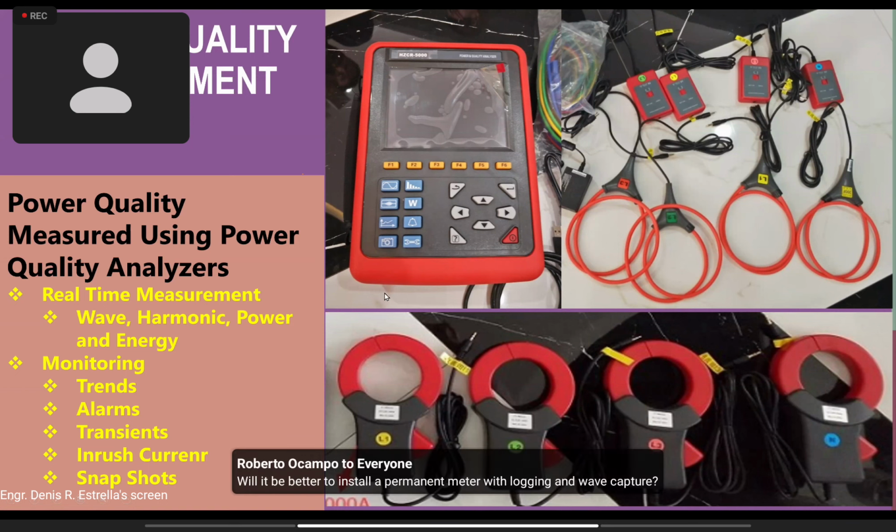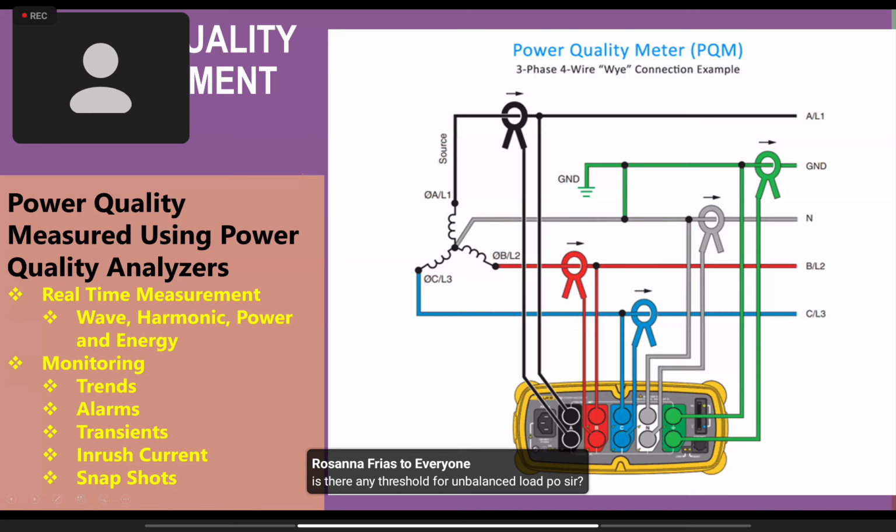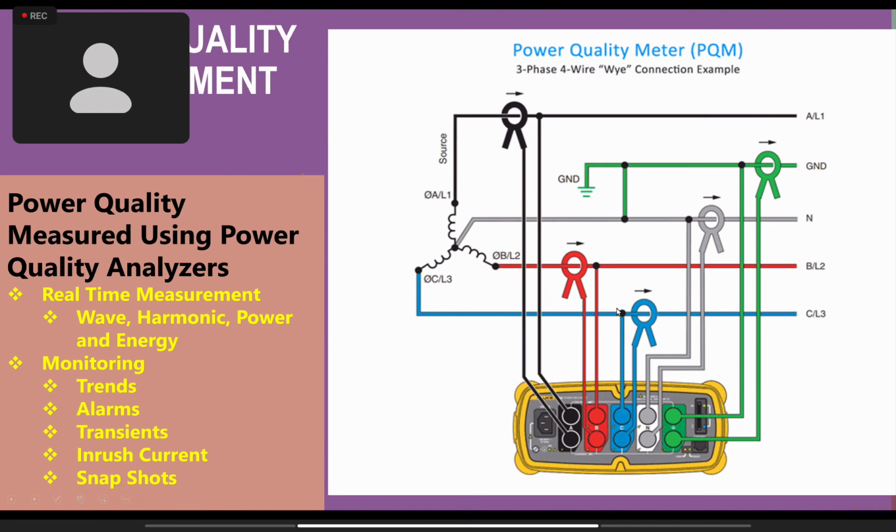Ito yung kanyang file. So, how do we connect the power quality meter? Usually, natin yan sa system. If it's a 4-wire system, in the program, meron tayong method din to determine the type of system that we are going to measure. So, pipiliin natin yan. In this case, meron tayong 3-phase 4-wire system plus earth. Ito yung kanyang connection.